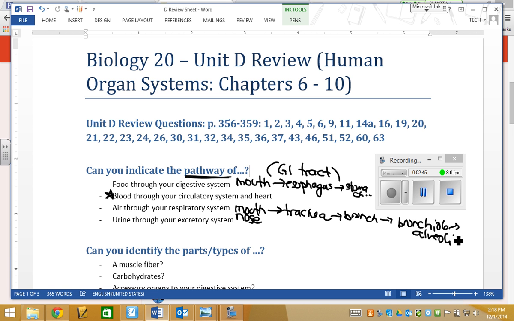Now for urine in your excretory system, we would focus on a nephron as well as the whole entire system. And I would generally make those two separate questions. If I wanted to ask you specifically about the parts of a nephron, that would be one picture or one diagram.